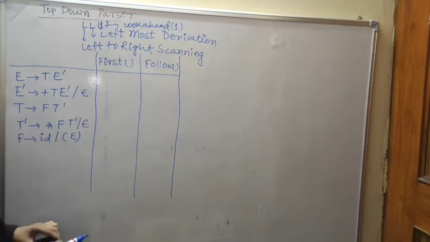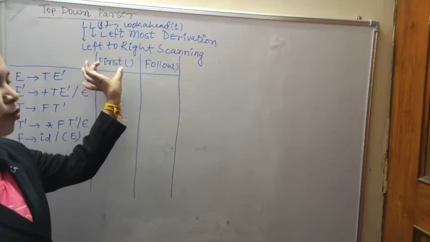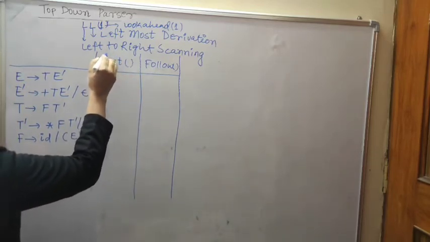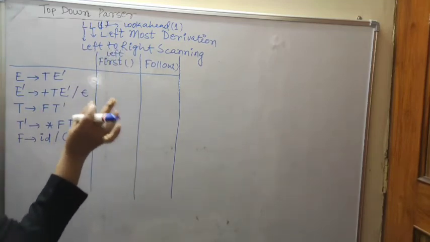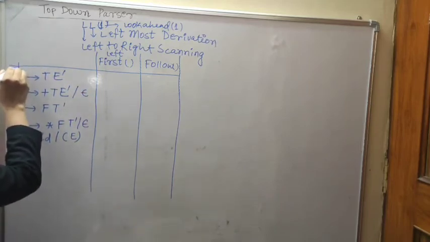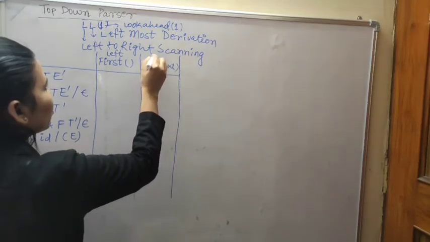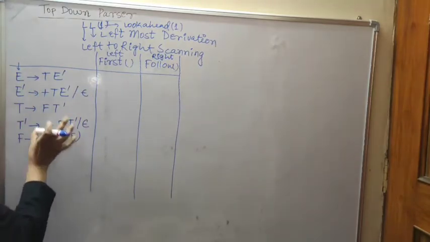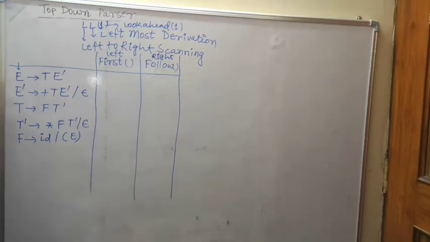Whenever we are finding first in the LL1 parser, we look at the left side of the production rule, that means this part. And whenever we are checking follow, we check the right side of the production rule, these parts. Now we will see first.